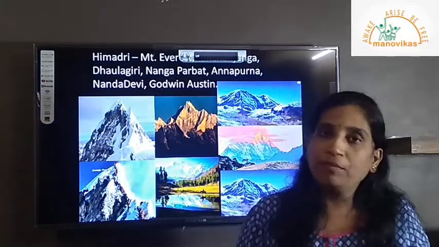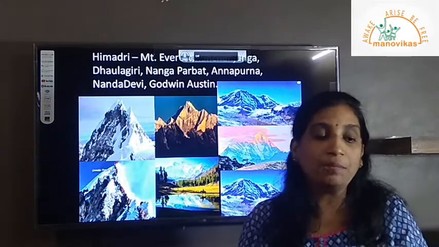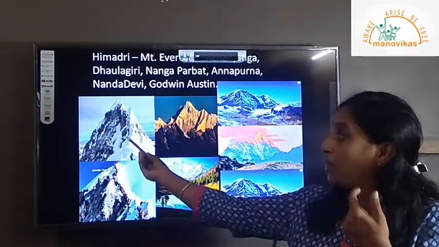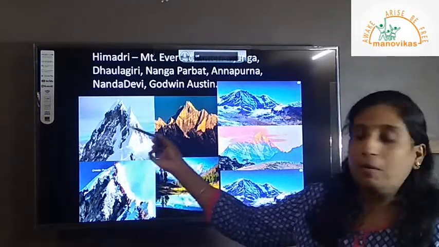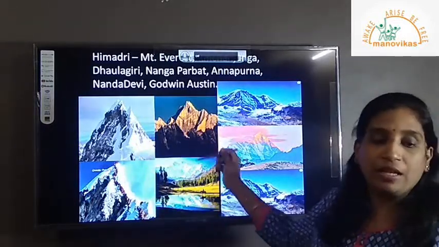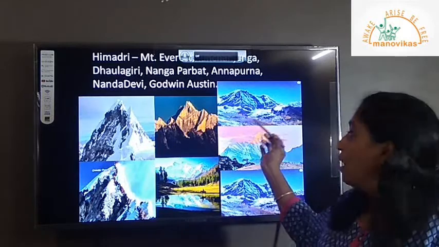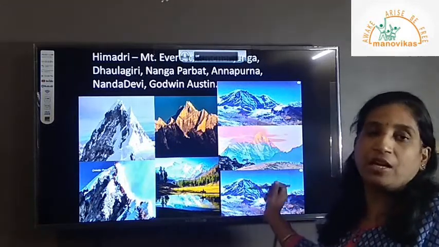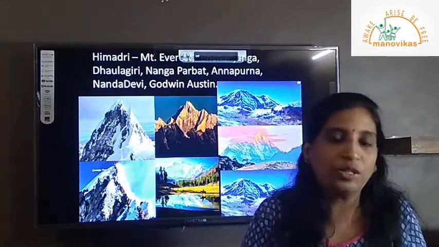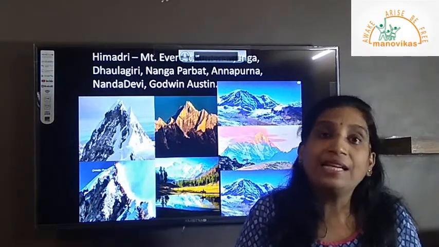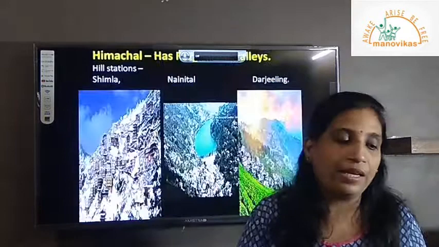The mountain peaks which are there include Mount Everest, you can see here, Mount Kanchenjunga, then we have Dhaulagiri, Nanga Parbat, Annapurna, Nanda Devi and Godwin Austen. These are the highest peaks of the world also, which are there in the Himadri range, that is part of the Himalayan range.